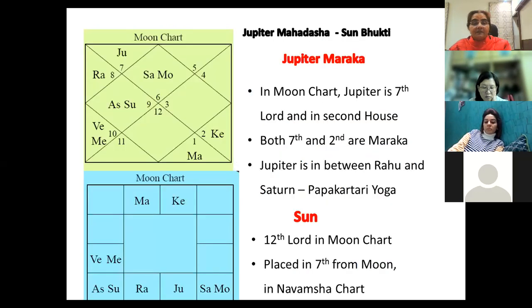It's very, very important. 50% importance should be given to the moon chart. This is the moon chart. Here the situation changes. Jupiter is the 7th Lord, Marka house, and placed in the 2nd house, another Marka house.